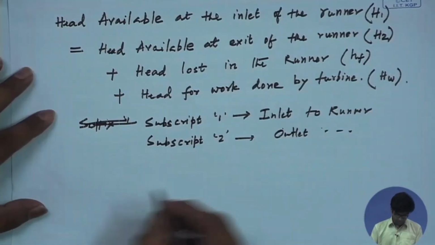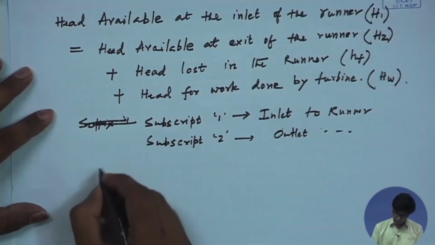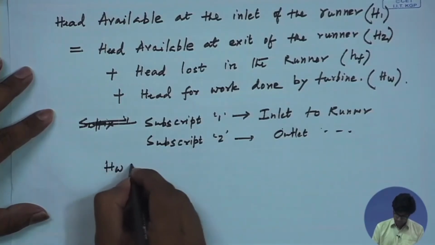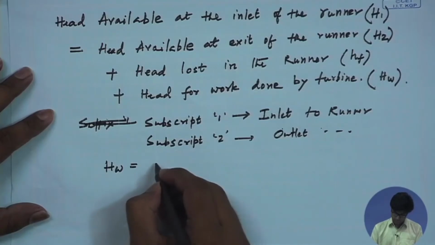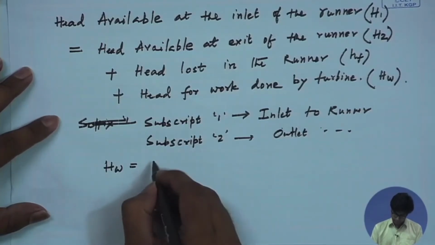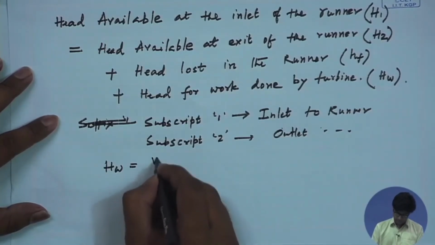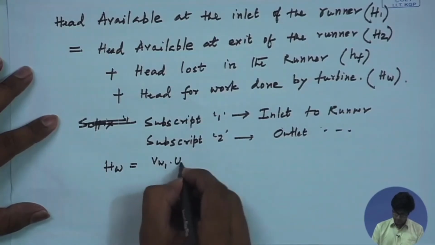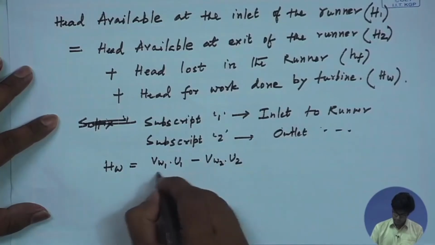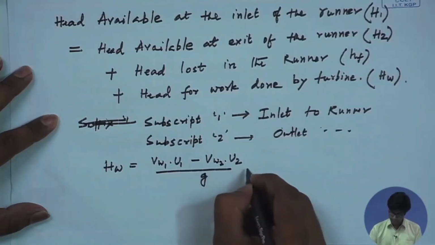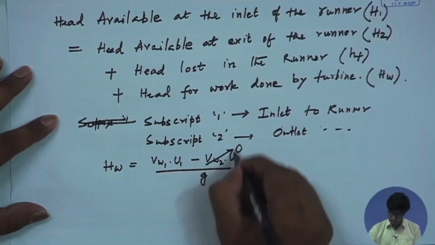So, the head that is used up for the work done by the runner is actually the work done per unit weight of the fluid, which is given by VW1 into U1 minus VW2 U2 by g. Again this is 0 as VW2 is 0.